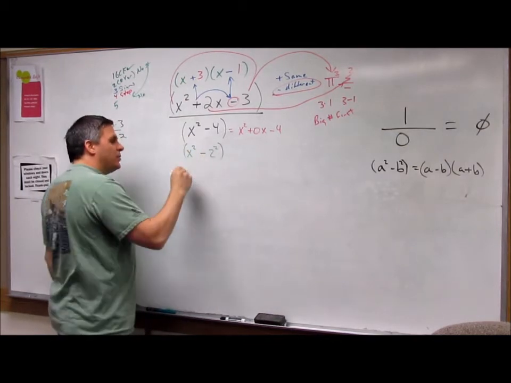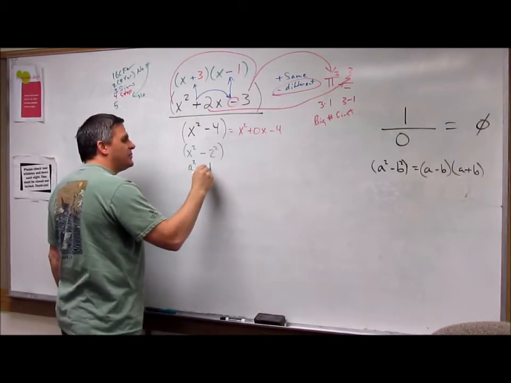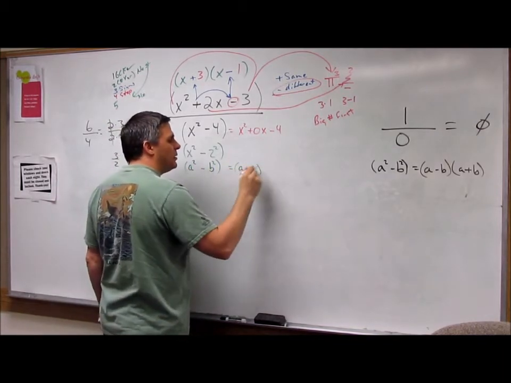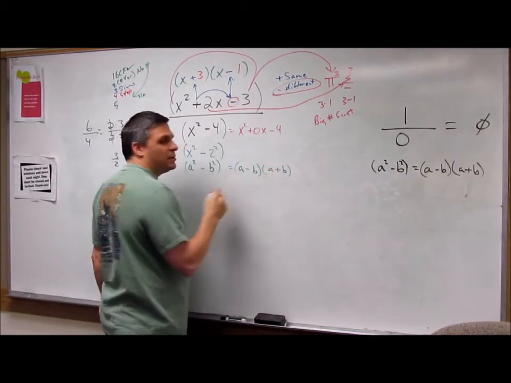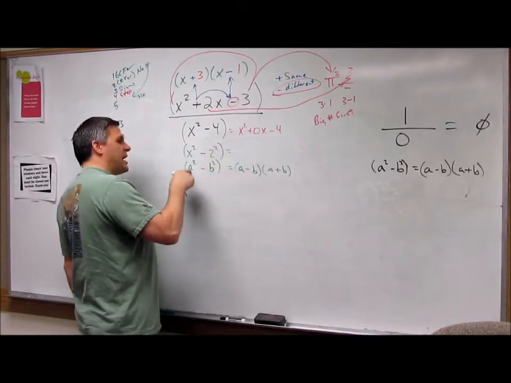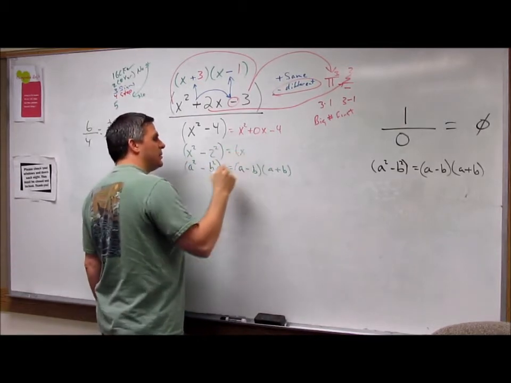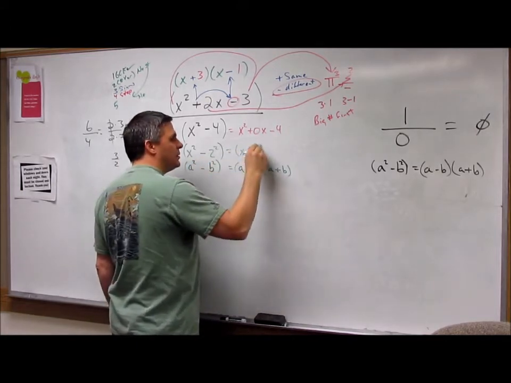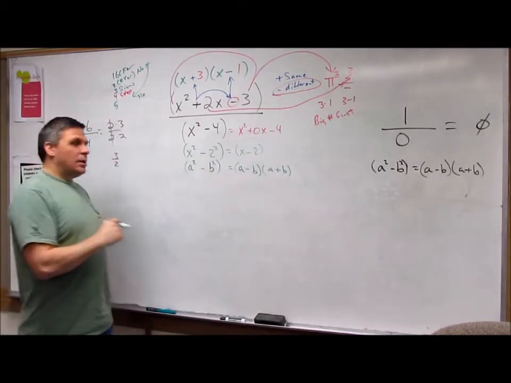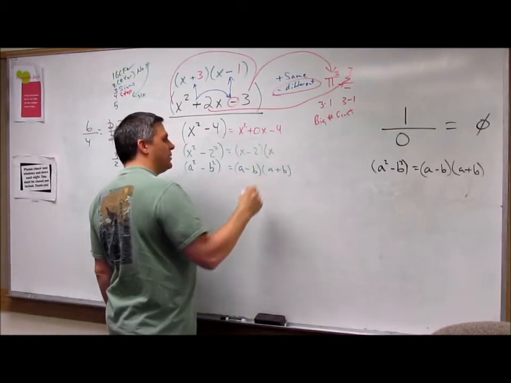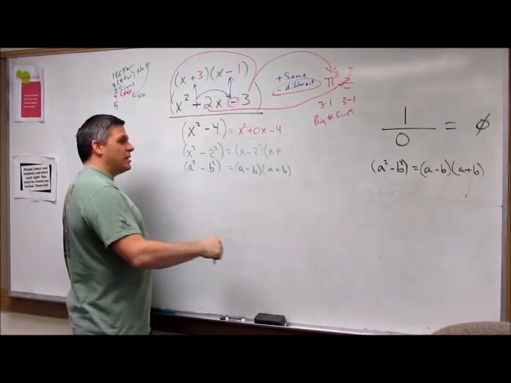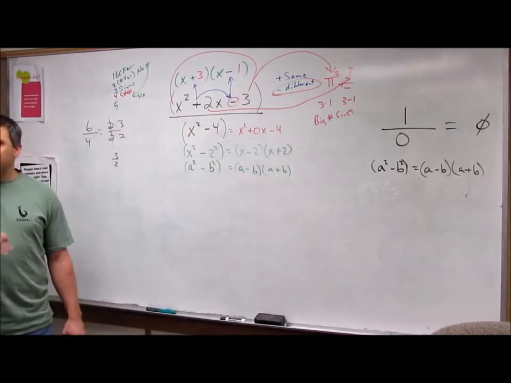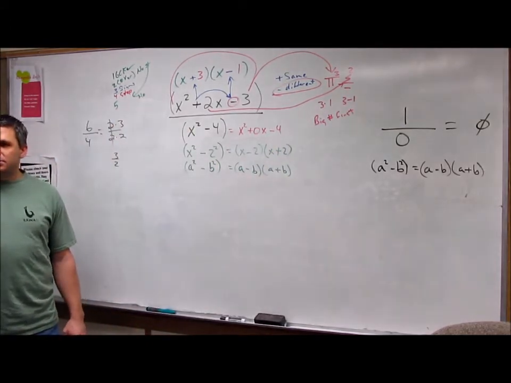So now, when I put in my a squared minus b squared equals a minus b, a plus b, what I have here is a is x, the minus, and the b is 2, and the a is x, the plus, and the b is 2. It's just a formula. I just plug it into the formula.